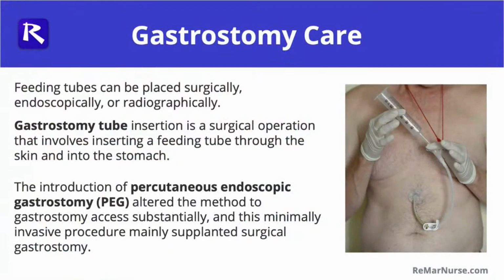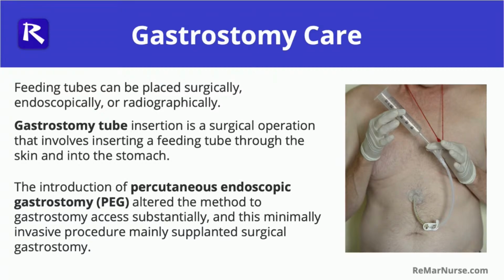Okay, so when we talk about gastrostomy care, and I'm going to be saying gastrostomy a lot, or maybe I'll just say G-tube, we are talking about a feeding tube that is placed either surgically, endoscopically, or radiographically.